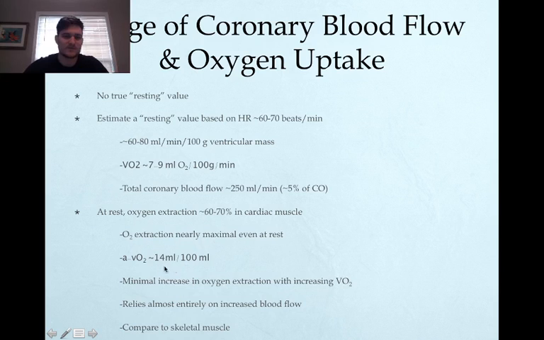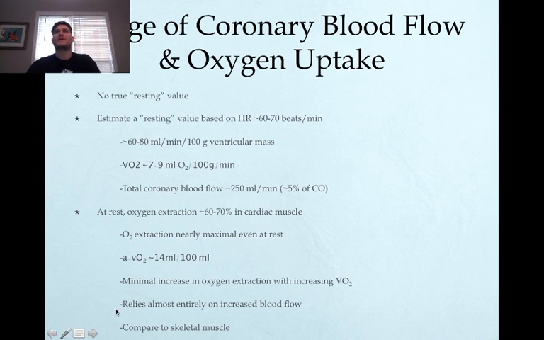Even at rest. So there's a very limited amount of growth you could get as far as the AVO2 difference is concerned. You can't really make up a lot of that VO2 just by increasing oxygen extraction, right? So there's a minimal increase in oxygen extraction with increasing VO2 in the heart.